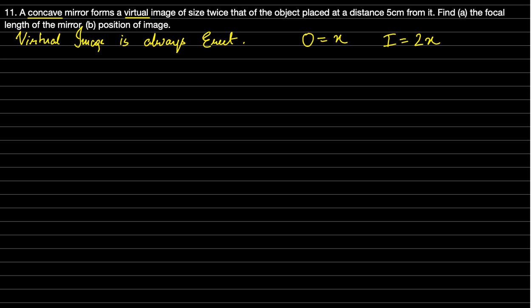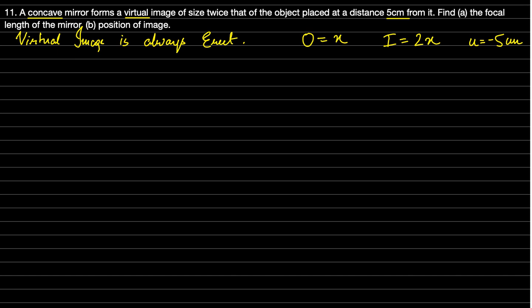So coming back to the question, twice the size of the object at a distance 5 centimeter from it. So the object distance is given as 5 centimeter. So u is equal to minus 5 centimeter. Object distance is taken as negative according to sign convention, so I've taken it as minus 5 centimeter.